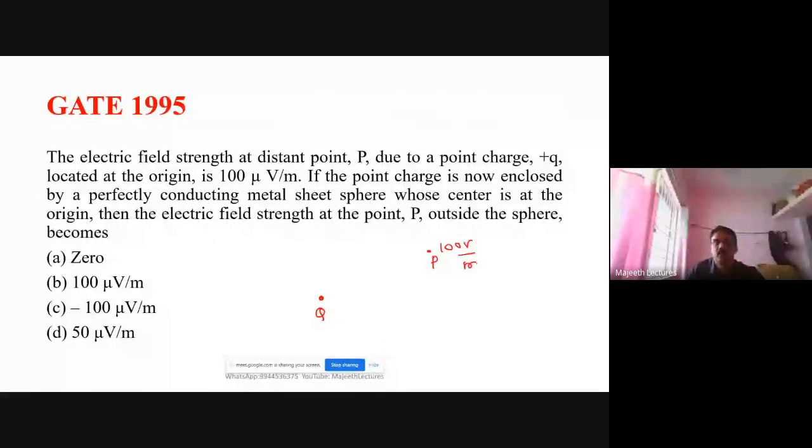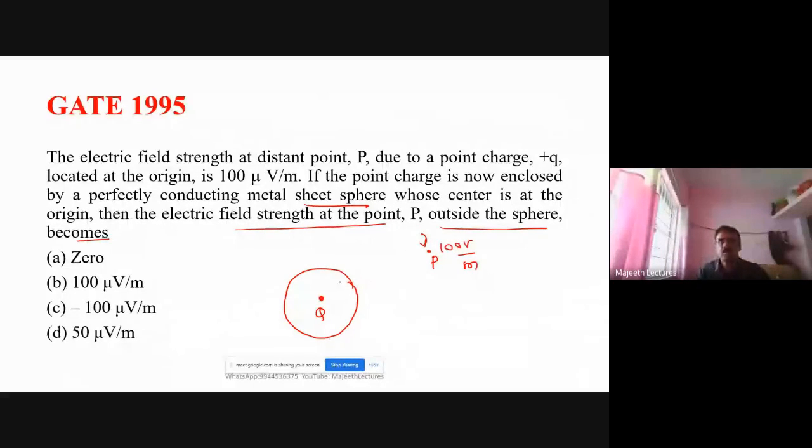If the point charge is now enclosed by a perfectly conducting metal sheet sphere, like this, whose center is at the same origin, then the electric field strength at the point P outside the sphere, right?